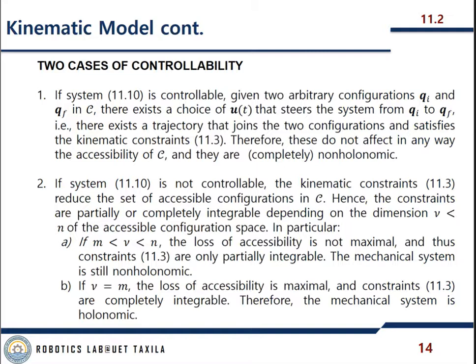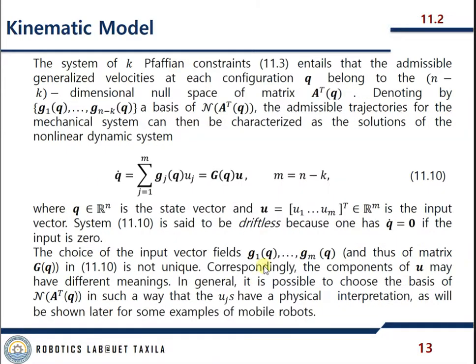The holonomy or nonholonomy of constraints 11.3, which were the Pfaffian constraints, can be established by analyzing controllability properties of the associated kinematic model 11.10, which is this one.